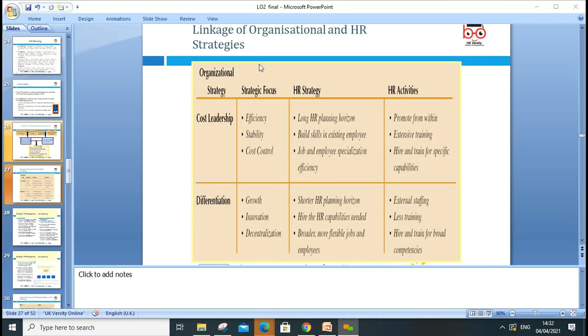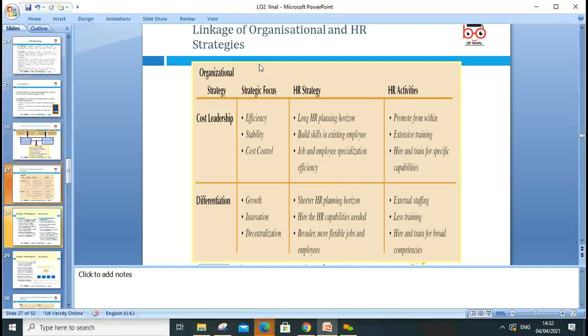We need to carry on training because we want to be different from our competitors, so higher HR capability is needed, with broader and more flexible jobs for employees. So the HR activities are external staffing, less training, and hiring and training for broad competency.